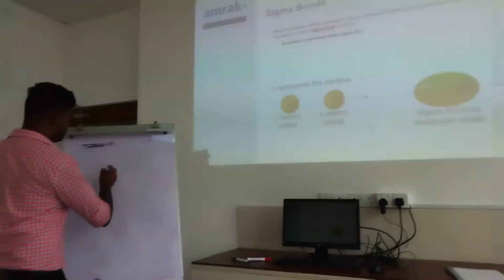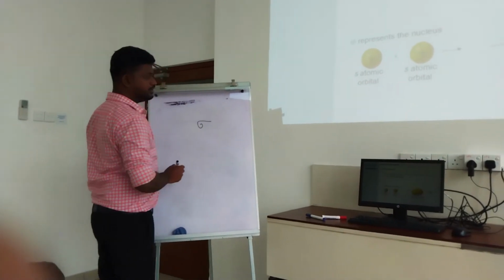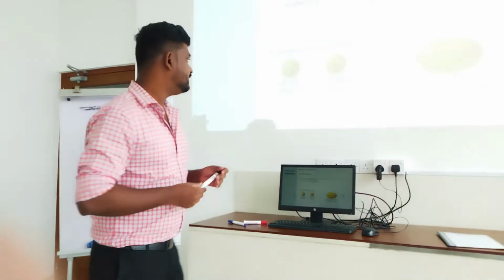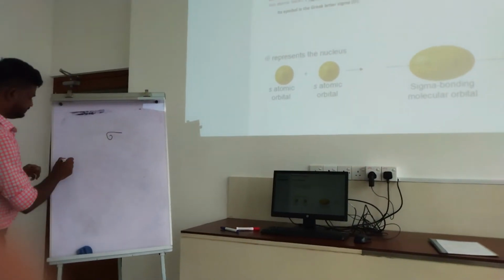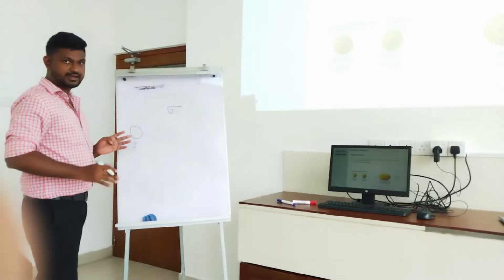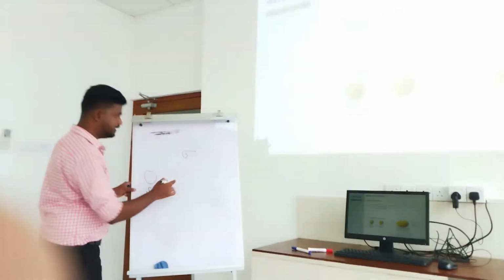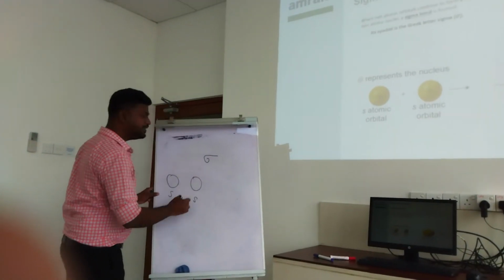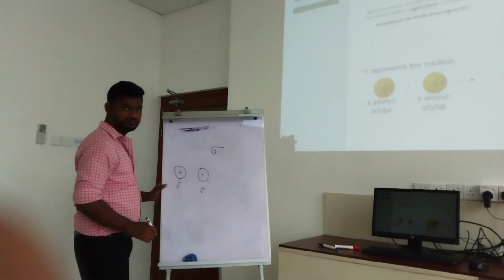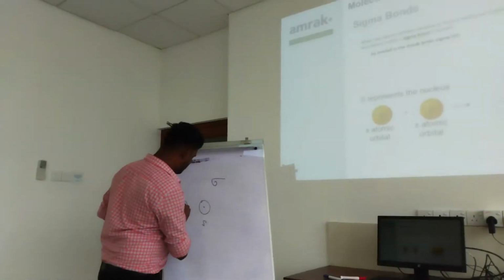So what is a sigma bond according to you? See, s orbital. Consider any atom, but they are s orbital, and the other one is also s orbital. Let me say hydrogen. Okay, so you have a nucleus, right? Directly within this nucleus, you make the bond, right?